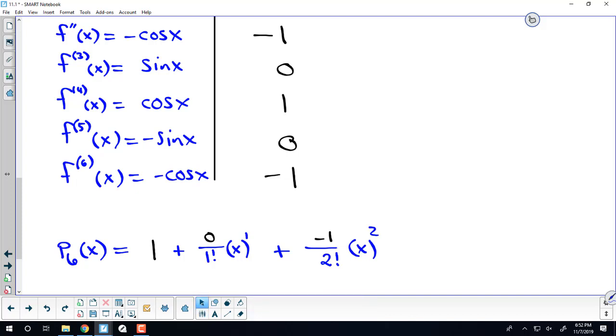Let's see if it's confusing. Our next term would be what? 0.